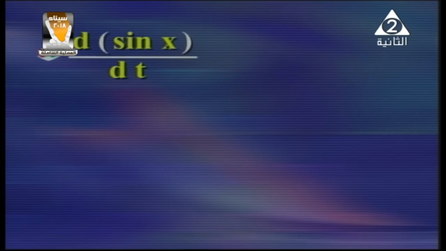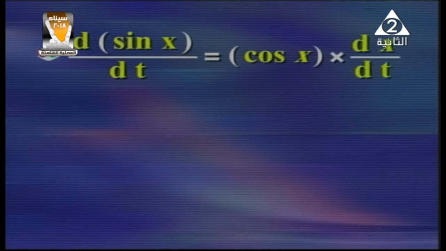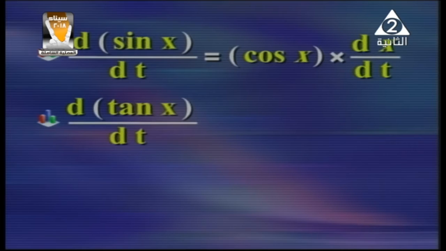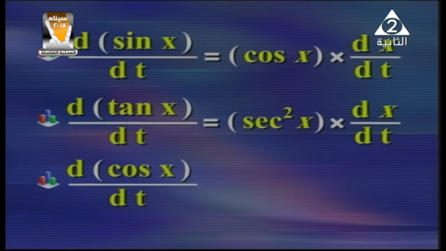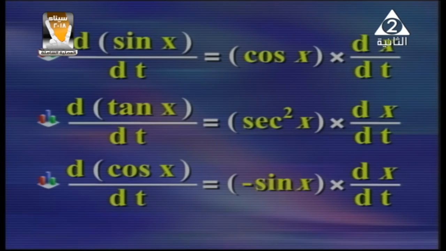Then the derivative of sine x with respect to time equals cosine x times dx/dt. The derivative of tan x with respect to time equals sec squared x times dx/dt. The derivative of cosine with respect to time equals negative sine x times dx/dt.